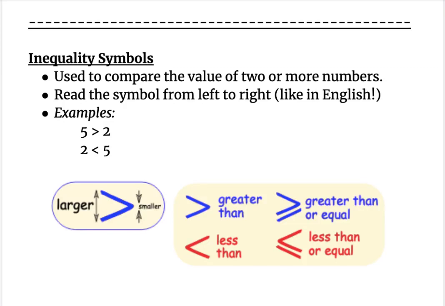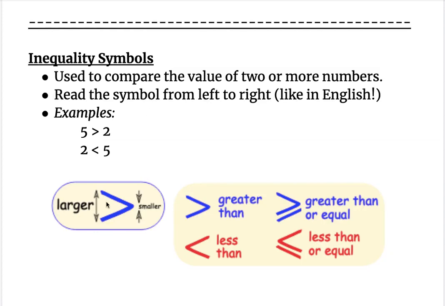So the tip that I like to use is to remember how you read normal words in English. You read from left to right, just like the sentence. Read the symbol from left to right. We don't start backwards. We don't say right to left from symbol the read, right?